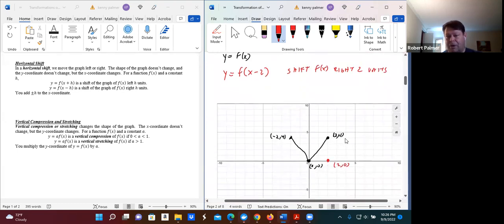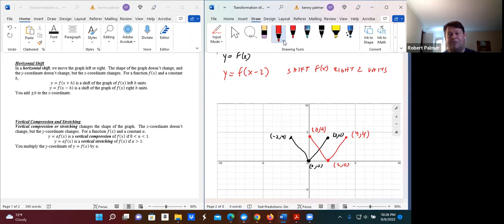The point 2, 4 will now be, sorry, 4, 4. So just adding 2 to the x coordinate. And the point negative 2, 4 will now be at 0, 4. So once again, if we connect our dots for this graph, the shape has not changed. And our y coordinates have not changed. The only thing that's changed are our x coordinates. So that's a shift to the right. And once again, it's a minus 2 on the inside. It's opposite what you'd expect.